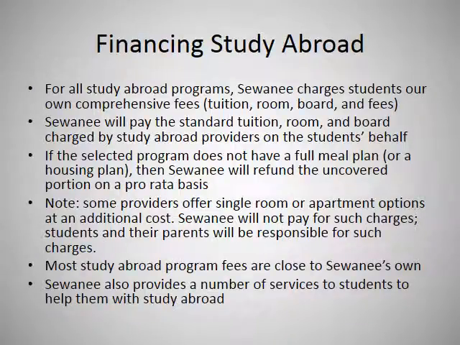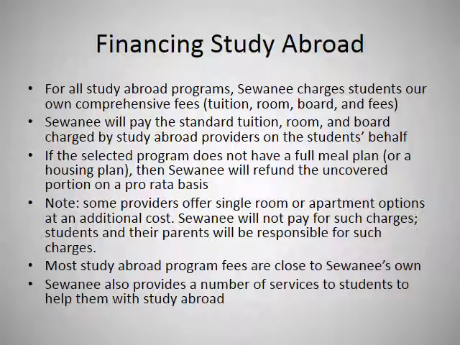Let me now then turn to the financing of student study abroad. And I think there are 2 sides to take into account. One is the payment system or the fee system that Sewanee charges, and then the provision of financial aid for those who qualify. So for all study abroad programs, Sewanee charges the comprehensive fees, which include tuition, room, board, and other kinds of fees.